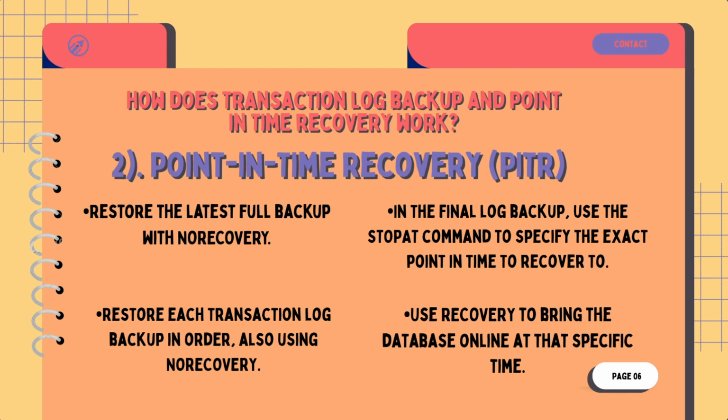Third, apply transaction log backups up to the point just before the incident. The fourth is to use the STOPAT in SQL Server or an equivalent command to specify the exact time for recovery. Then fifth, recover the database and bring it online using recovery mode.